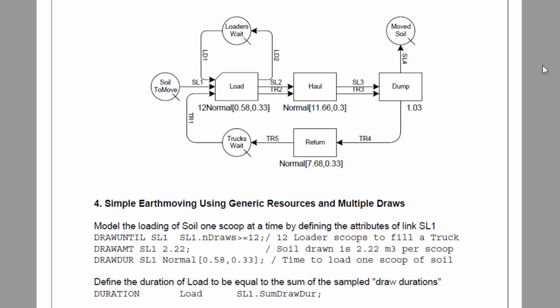The link has a statistics collector built into it, and at the very end we will make use of that statistics collector to define the duration of activity load. That is shown in the next statement, duration load, which takes as an argument SL1 dot sum draw duration.